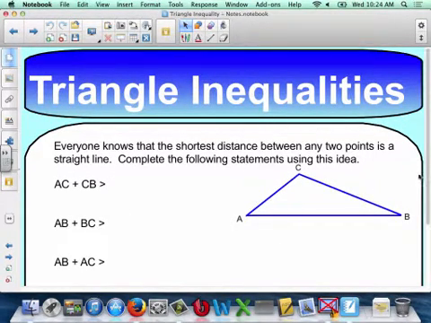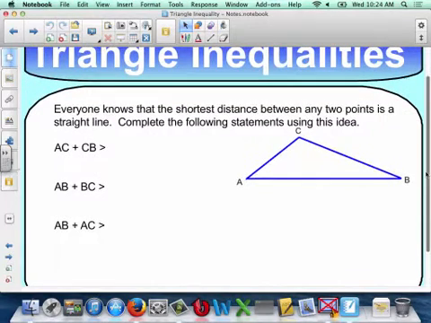We've already talked about this concept that if I'm taking a walk and I want to go from A to B, I'm directly walking from A to B, and I go to C, any deviation is going to create a longer length. So if I take AC and add to CB, that sum is going to be greater than what third side?